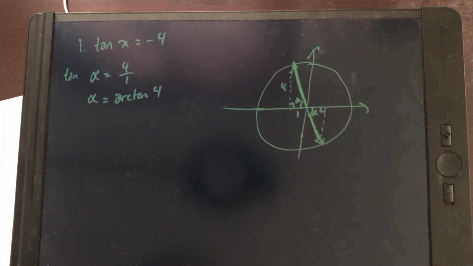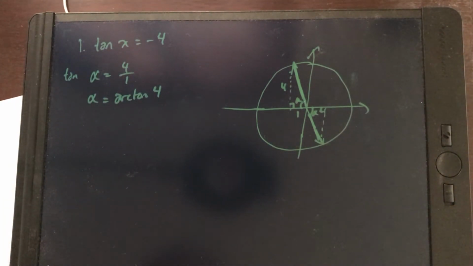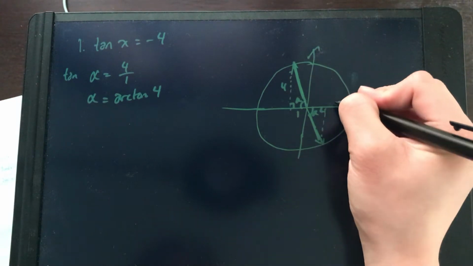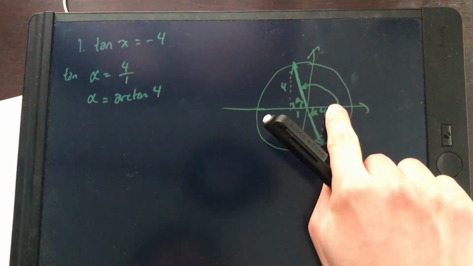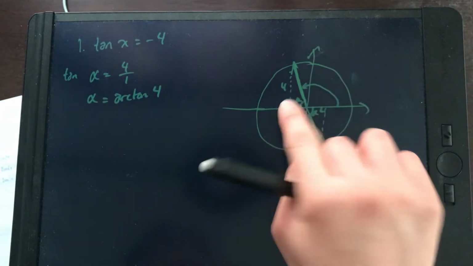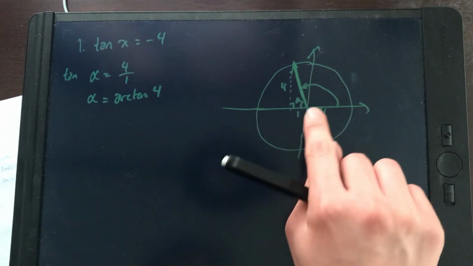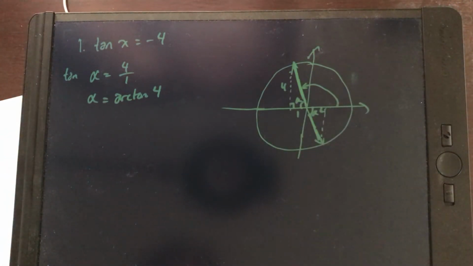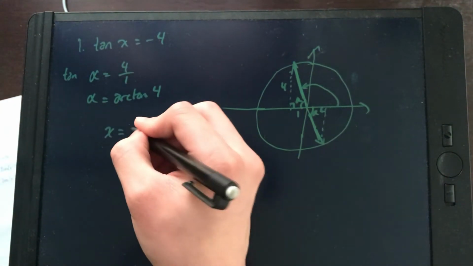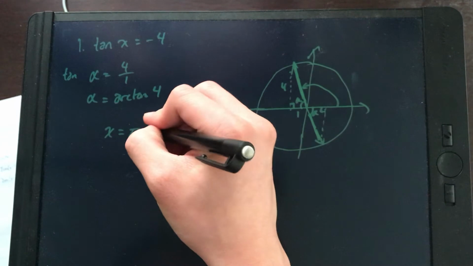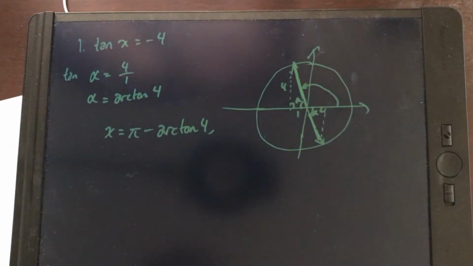Well, I guess that helps us a little bit, but we want to undo this tangent here. So we still need to figure out what angles from the positive x-axis get us to each of these arms. Well, if we go pi, we've overshot, but if we go pi and then we go back alpha, we're going to get exactly to that arm. So one solution for the argument of the tangent function would be pi minus alpha, and I'll write inverse tangent 4, just alpha.